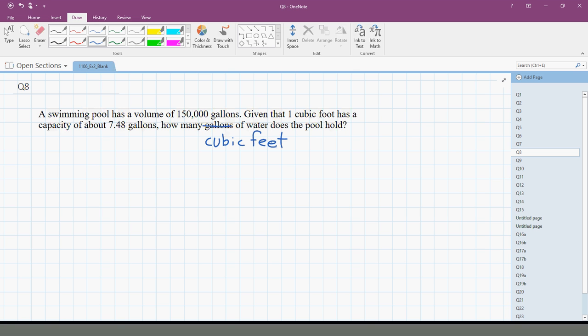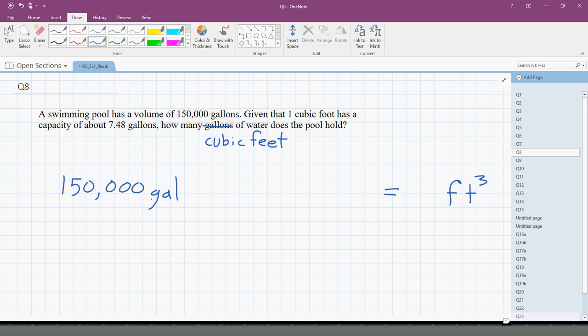So we want to know how many cubic feet does the pool hold. So we're in gallons right now, right? In the end, I want to be in feet cubed.